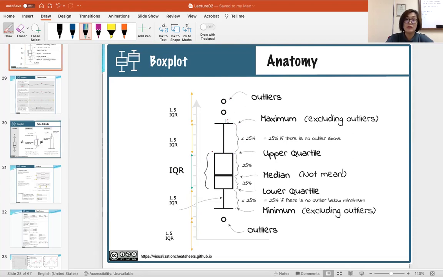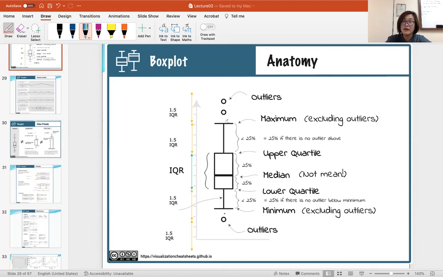So your maximum value is about 1.5 IQR. Those above that, we consider your data as outlier. For the lower quartile to the minimum, if your sample is within 1.5 IQR, that is included in the minimum.